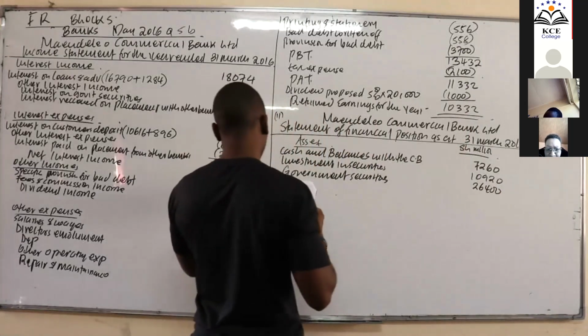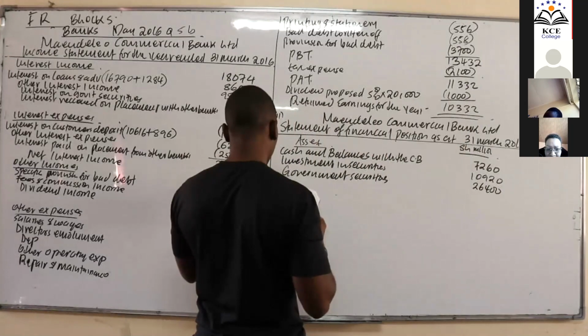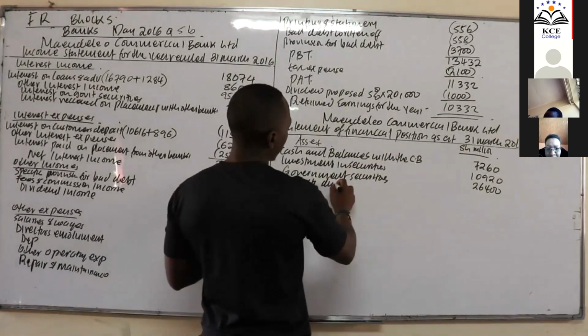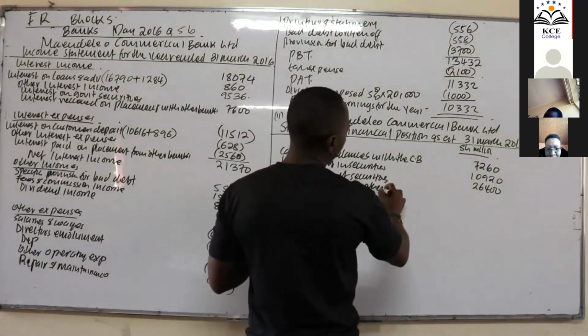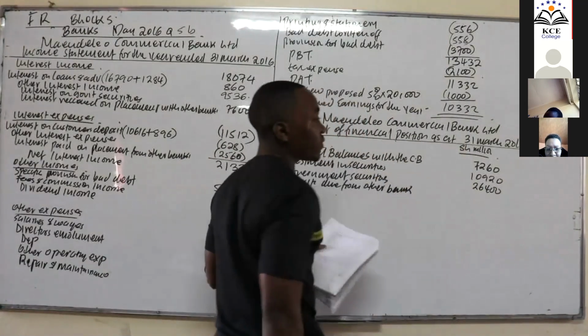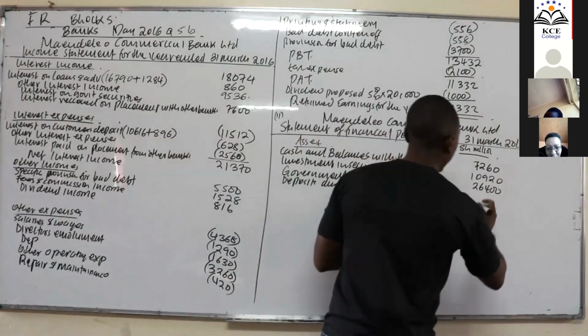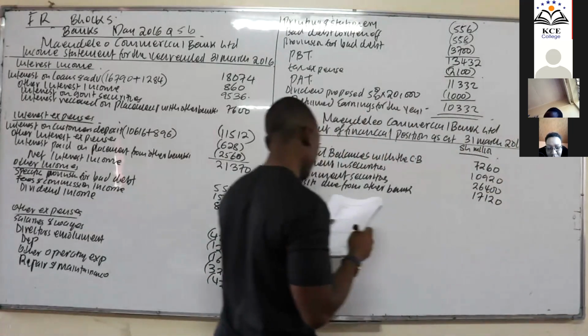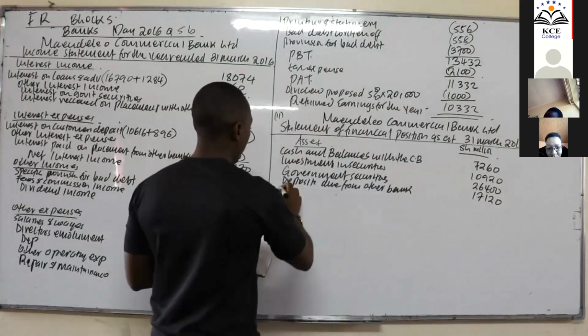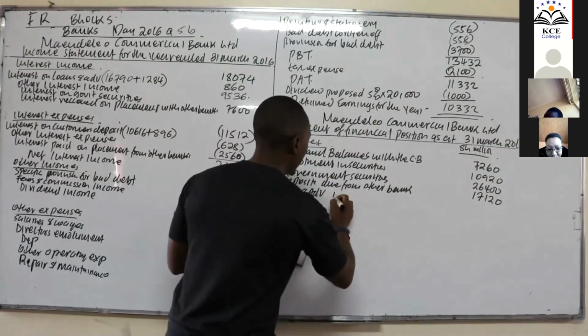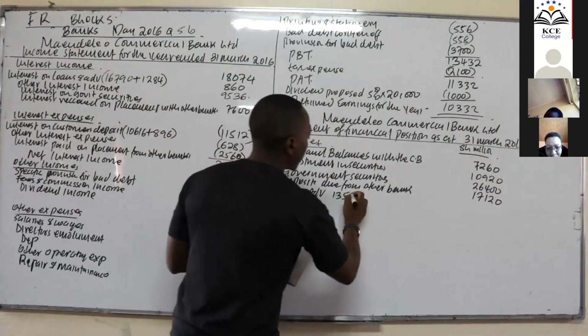Then we have deposits and placements due from other banks. Now, due from is a part of current assets, but deposit due to other banks is a liability. An amount of 17,120. Then we have loans and advances to customers, an amount of 135,310.